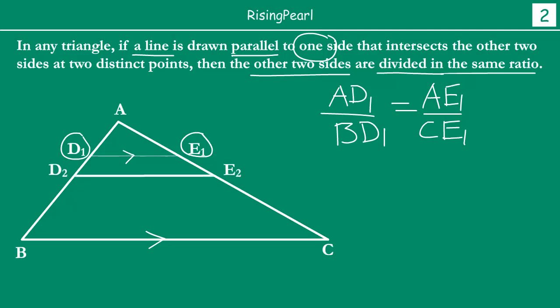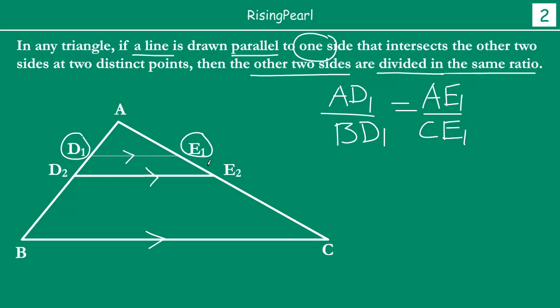Now also, if I were to draw another line, say in this case D2, E2, again making sure that the line D2, E2 is parallel to BC. Instead of drawing the line like this, if I had drawn D2, E2 as a line, then the theorem is telling us that D2 and E2 would divide the sides AB and AC in the same ratio.